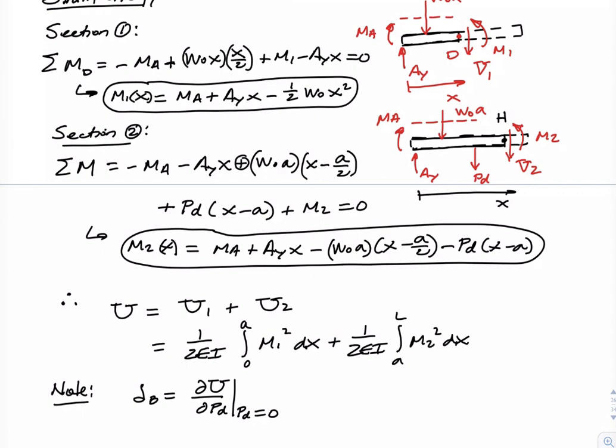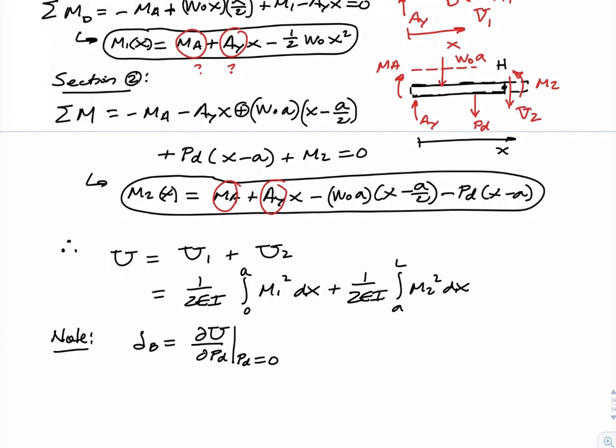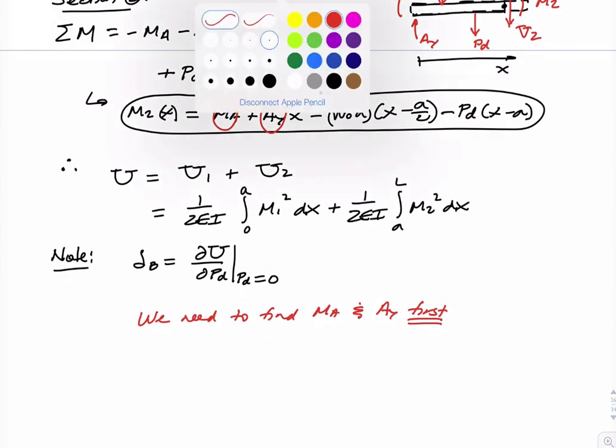But you can see our strain energy is going to involve MA and AY, which we do not know. We need to find MA and AY first. How do we find that?